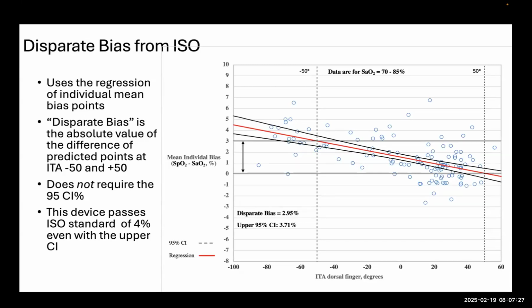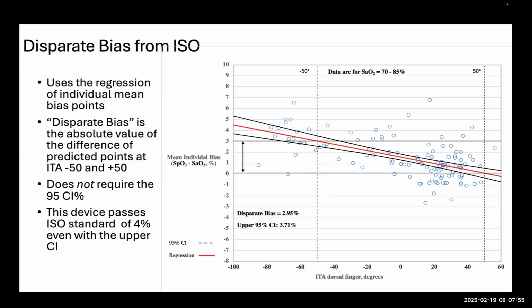ISO just basically has you take the individual mean bias and plot them against the individual typology angle at the site. So this is the dorsal finger, and you can see this linear regression with the 95% confidence limits. The bands, as you see, widen, and that is going to produce larger 95% confidence differences here.